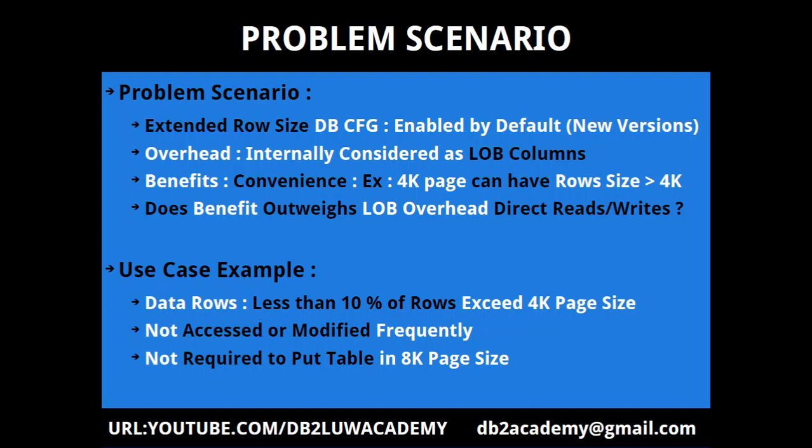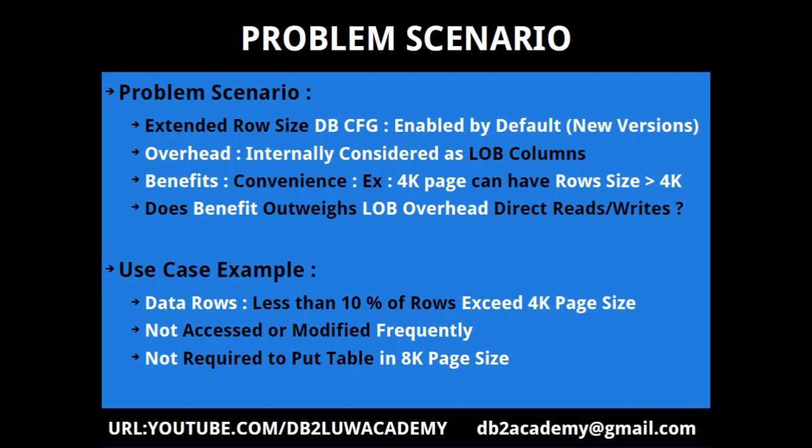I find that there is a particular use case example. There can be more examples, so please put your comments in the comment section if you find any other scenarios, which is really helpful. But this is one example I find in my limited knowledge.